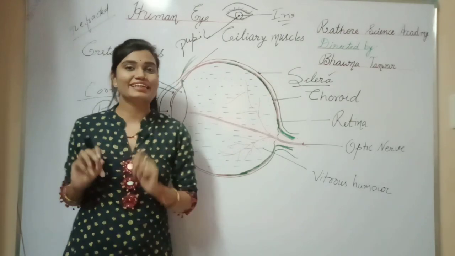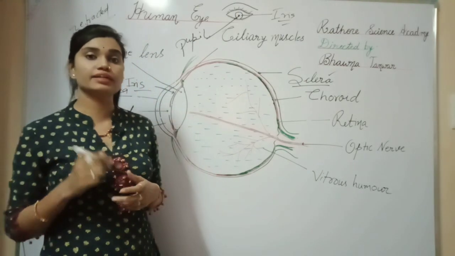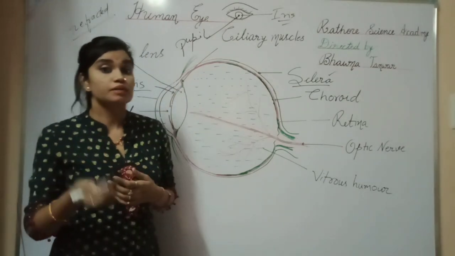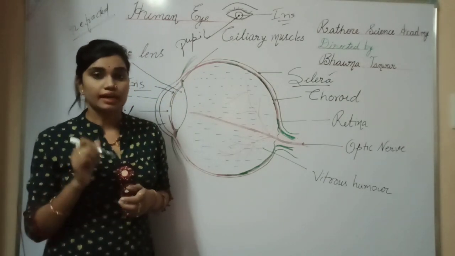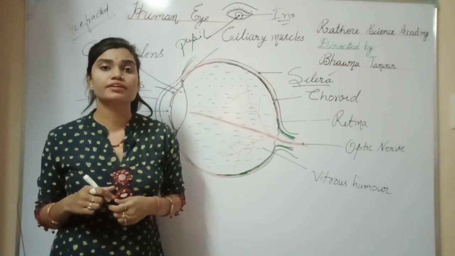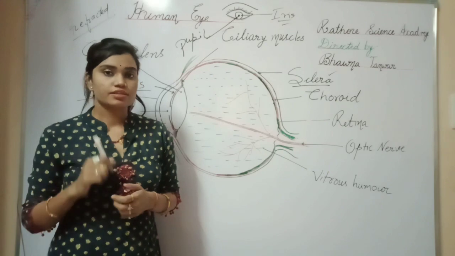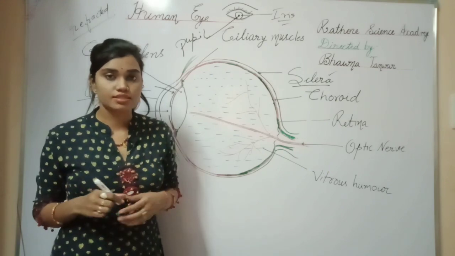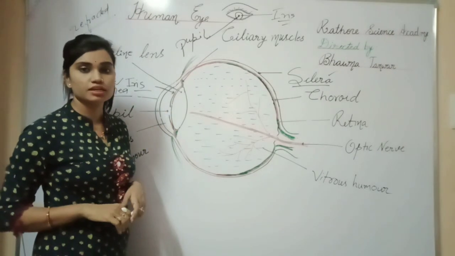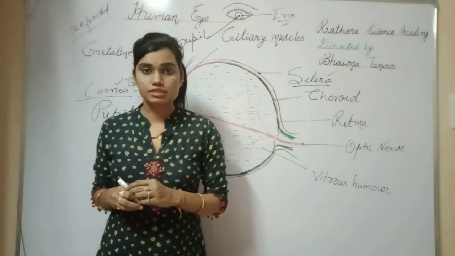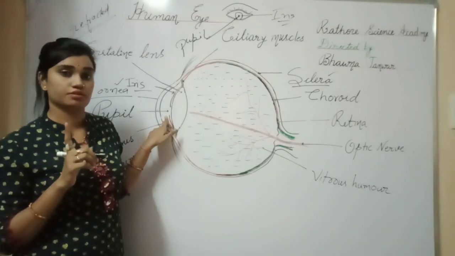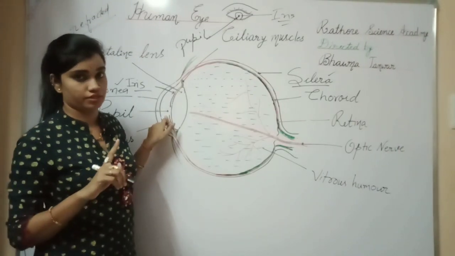But at night time, what happens? The lights are dim, so you are unable to see the objects. At that time you want more light to enter into the eye so you can see the things around us. At that time the pupil gets dilated, or becomes larger. Yes, the size of the pupil depends on the intensity of light, that means the amount of light. Okay.